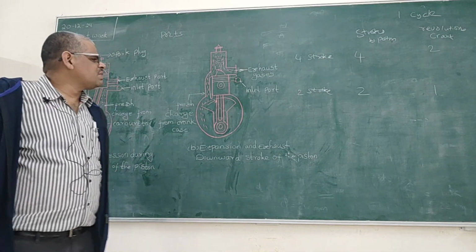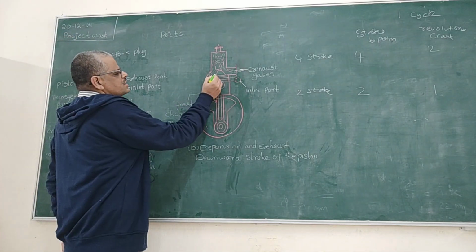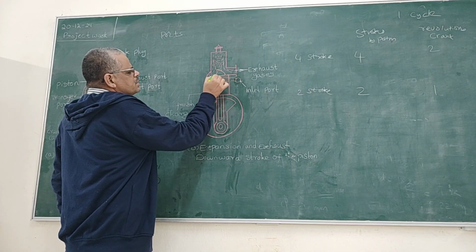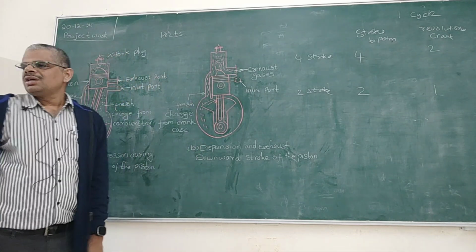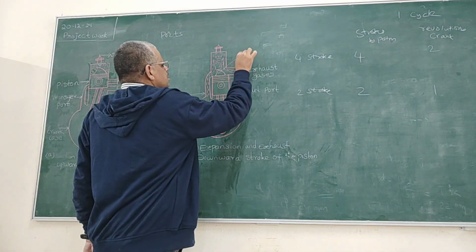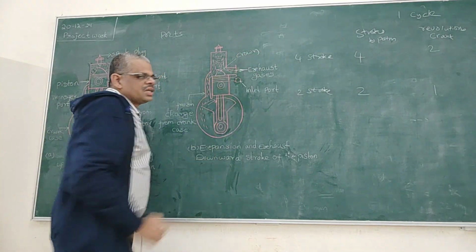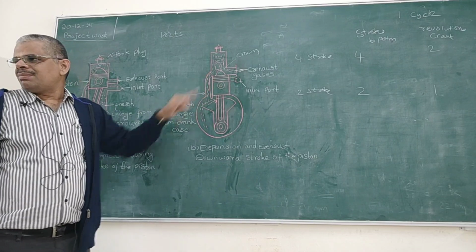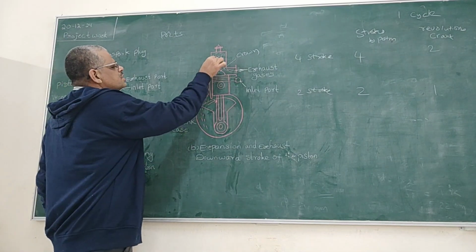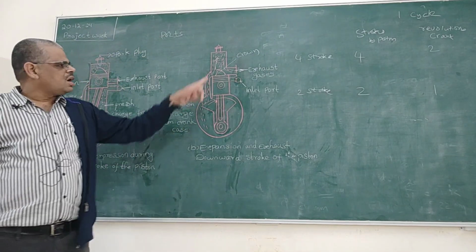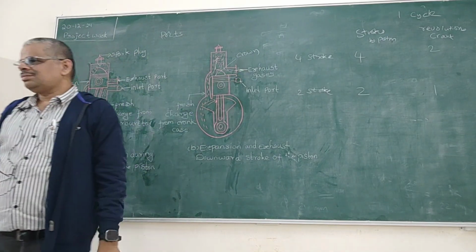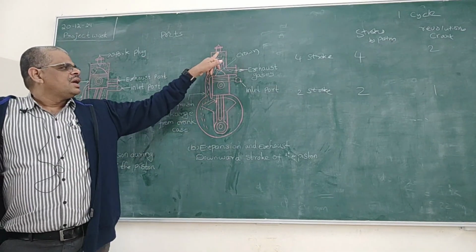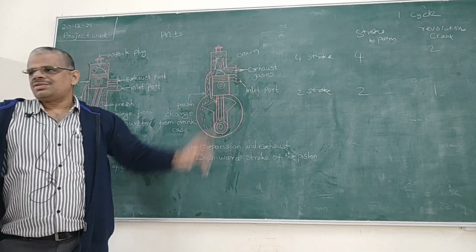Right? So, what happens is, for that purpose, here the piston is provided with some provision. This is called the crowning of the piston. Due to this crowning, the charge which is entering into the combustion chamber is directed upwards, but it is not allowed to escape in this way, so that only exhaust gases are sent out.